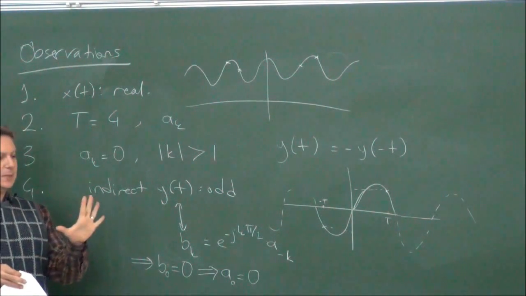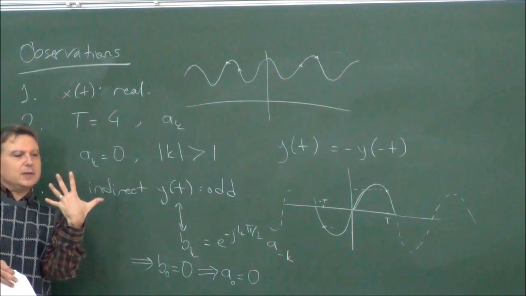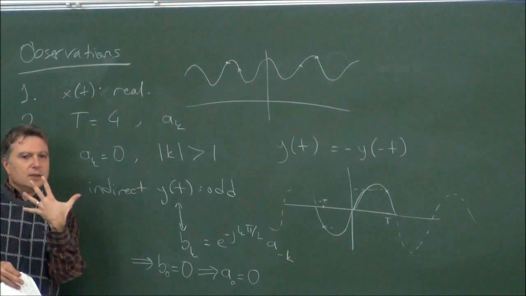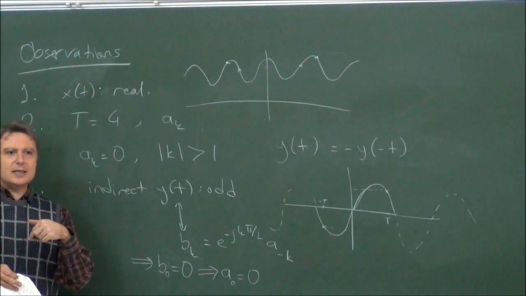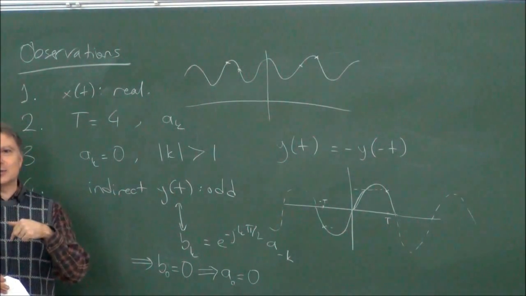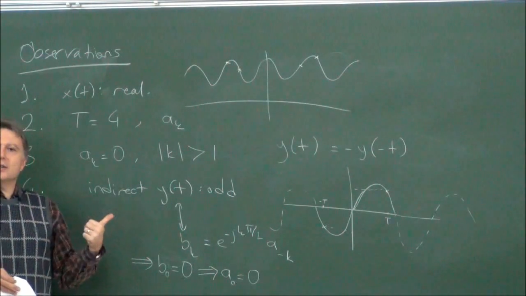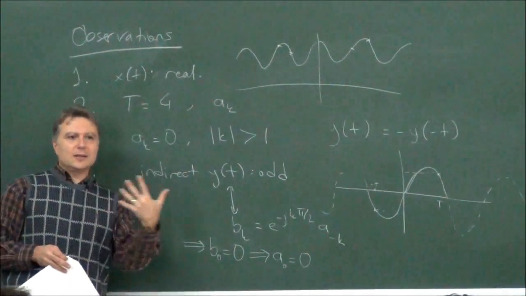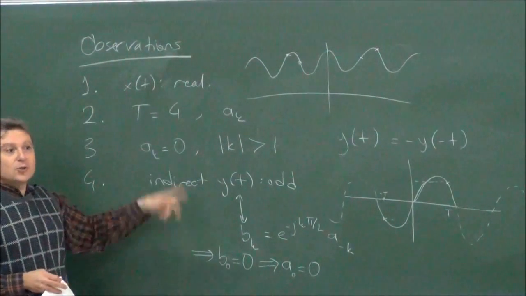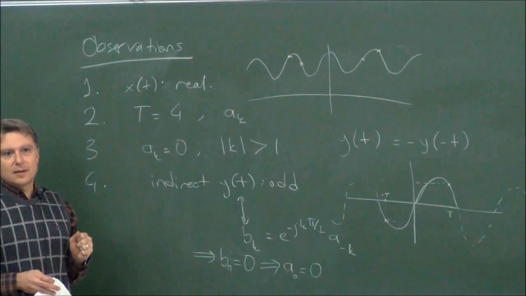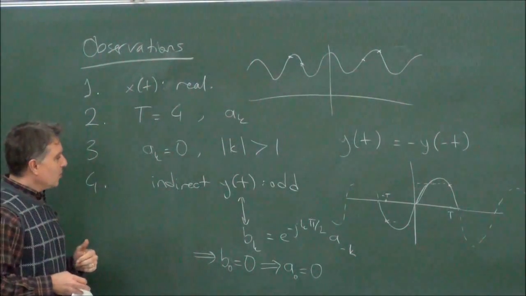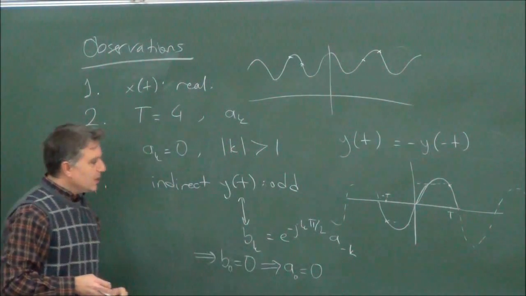It shouldn't have any DC because we know that when you flip it around and shift, the signal that you obtain is odd, which means there is no DC of that. Then the original non-flipped around and non-shifted version, which is x of t, shouldn't have any DC either. That's how you conclude. So A0 is equal to 0.